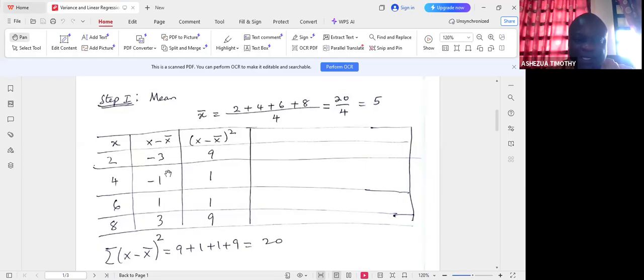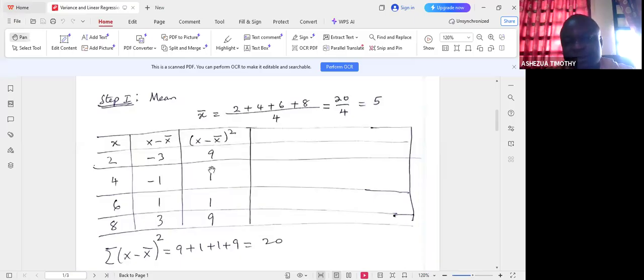Minus 1 squared is minus 1 times minus 1, which gives us 1. 1 squared gives us 1. 3 squared is 3 times 3, which gives us 9.